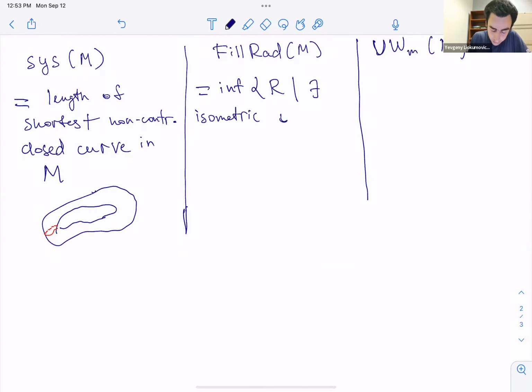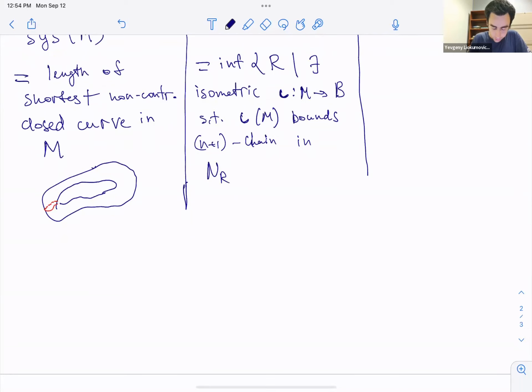In fact, we want, I guess, an isometric embedding from the manifold M into some Banach space B, such that there exists a filling of M inside B. In other words, the image of M considered as a cycle bounds an n+1 chain in the R neighborhood of M inside B.